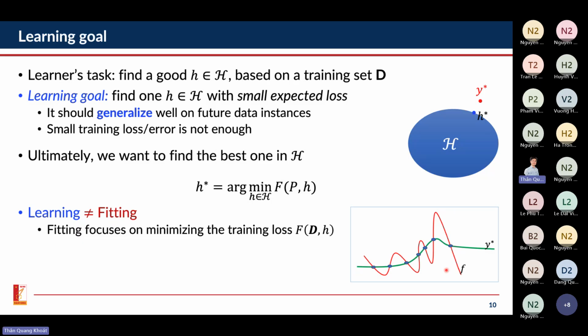Just one example: we have the true function in green here, but we use a very complex function, red, and it can approximate the whole training set. But you can see that this function cannot approximate the true one. It should have a very large error on average.